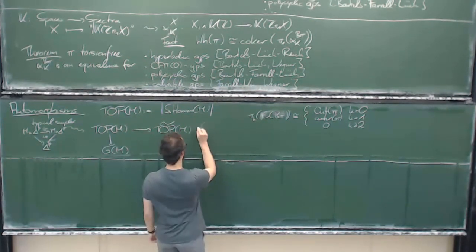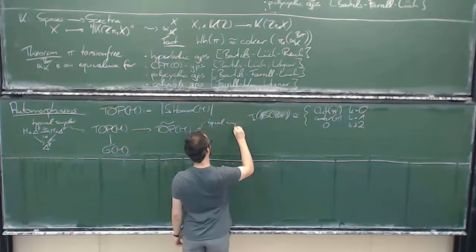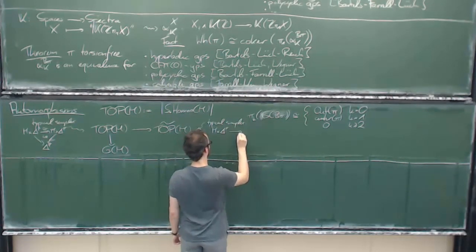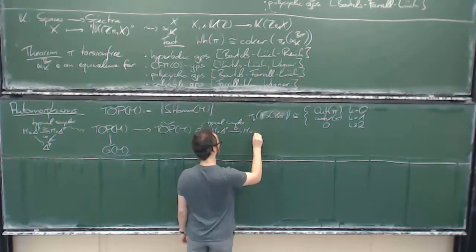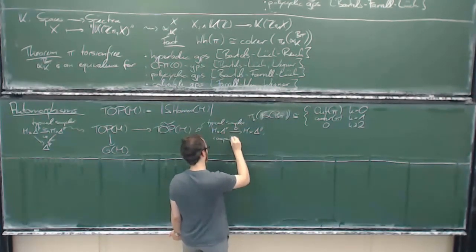So a typical simplex here is again an automorphism of M cross delta P, but only compatible with face inclusions.